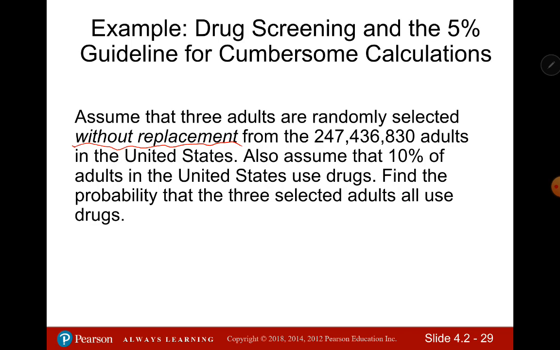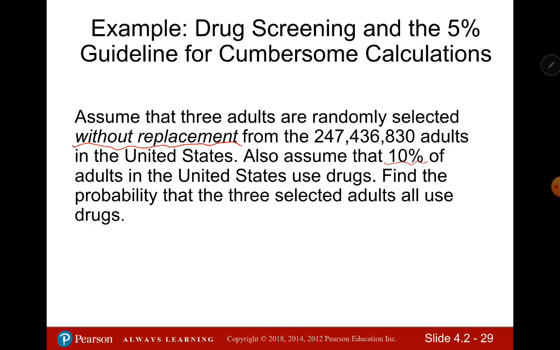Which means for dependent selections, we should use conditional probability, but we have the 5% rule. So here, we know the total number of adults, and we also know 10% use drugs.